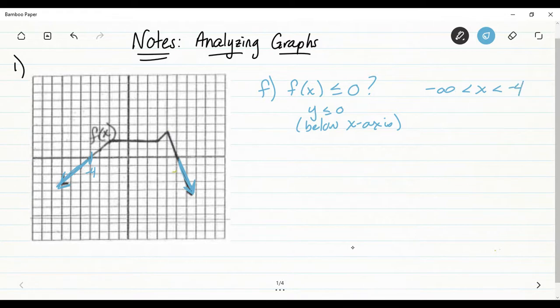At -4, it's actually included because we want to know where the function is less than or equal to 0. Our function is equal to 0 at -4. Out here at 5, our function is also equal to 0. So we have a second interval from 5 to infinity.